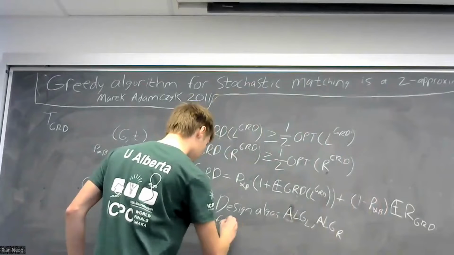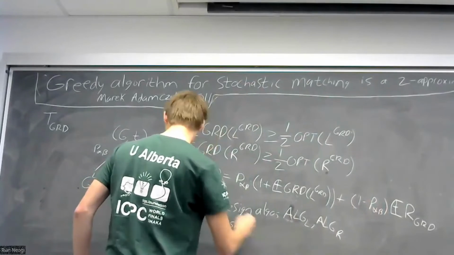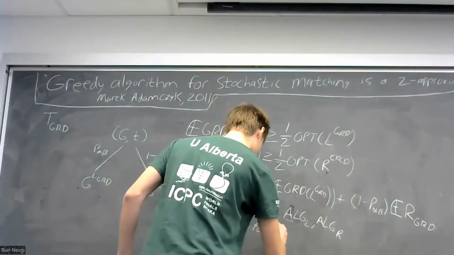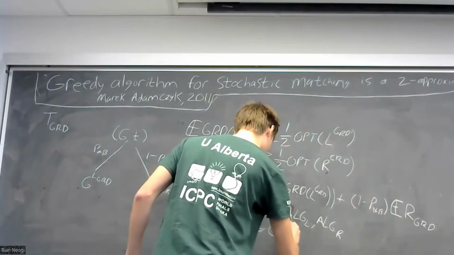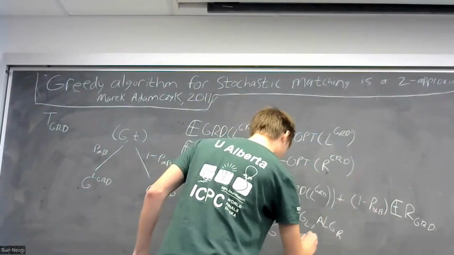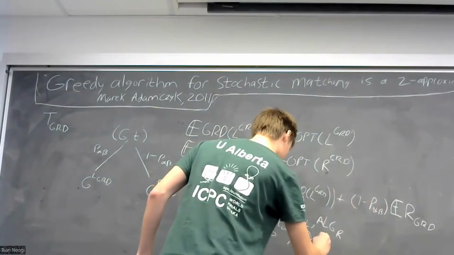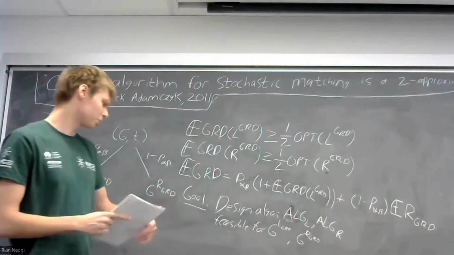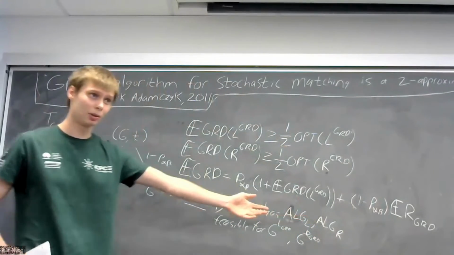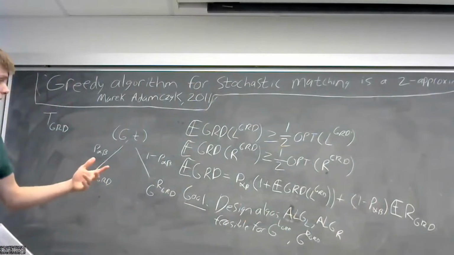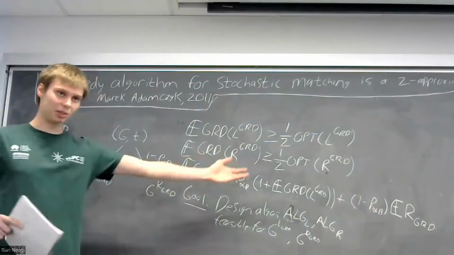And we want these to be feasible for those instances. What we'll do is design these based on opt, and we'll see what that means later, but that means it'll be easy to compare to opt.